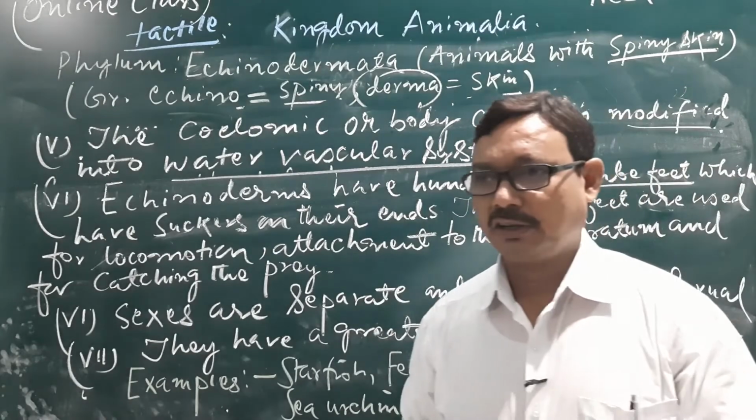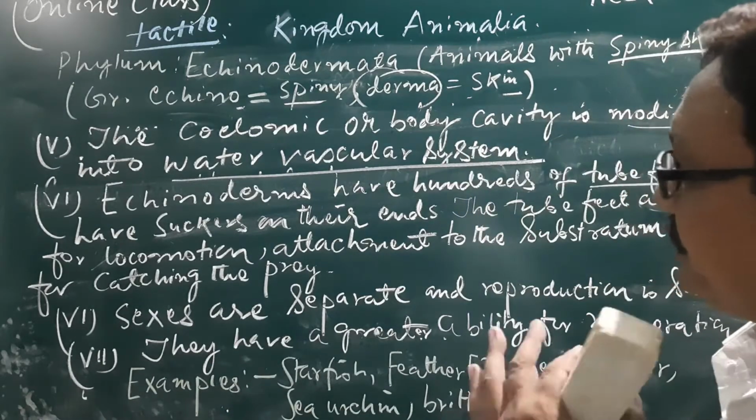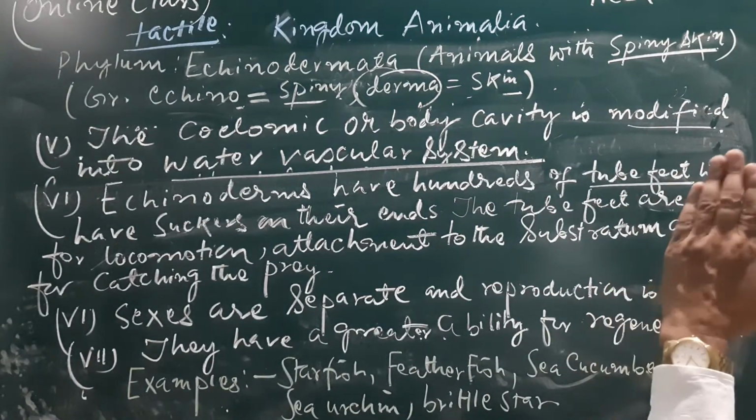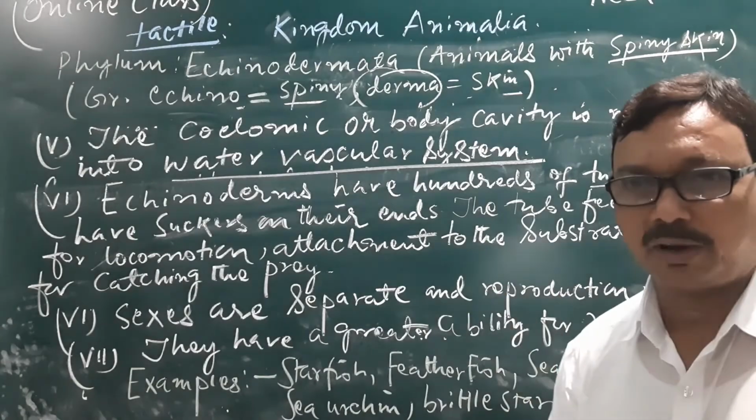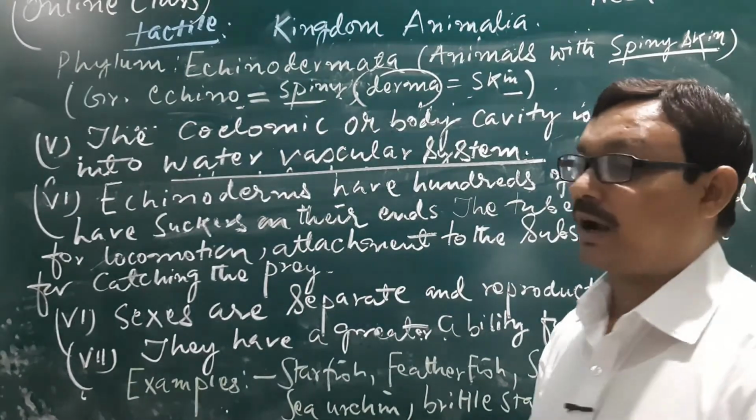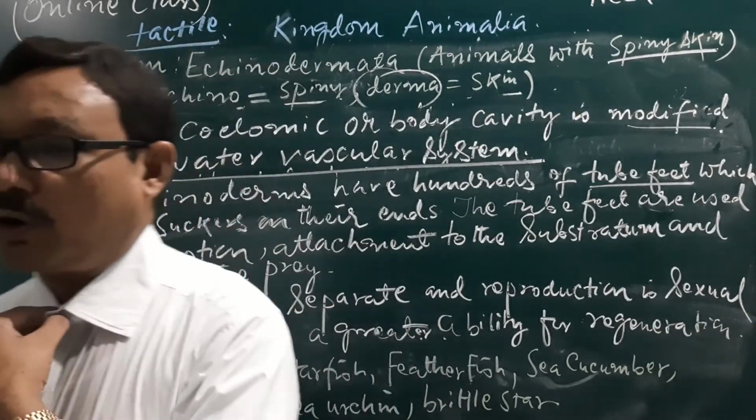In this way, we have already completed the first part of the animal kingdom Animalia, and now we will move to the second part, which is related to the chordates.